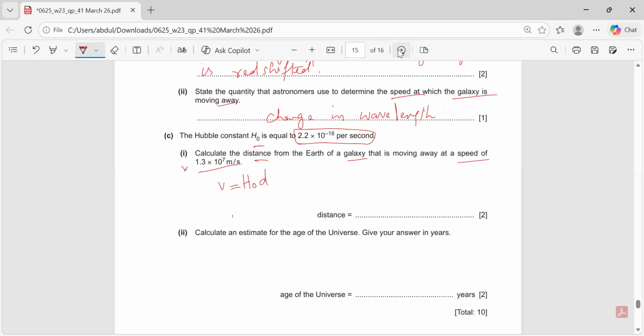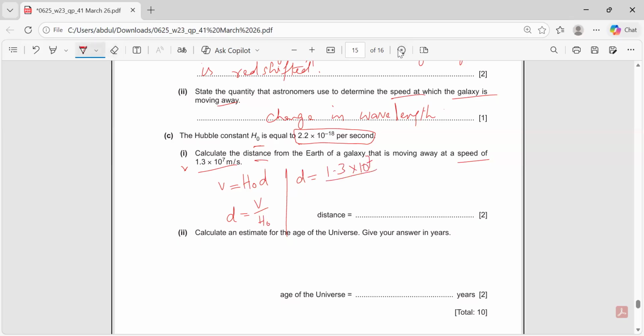So when we make d the subject of the equation, it will be equal to v over H naught. v is given already, 1.3 times 10 raised to the power of 7, over Hubble's constant, that is 2.2 times 10 raised to the power of minus 18.